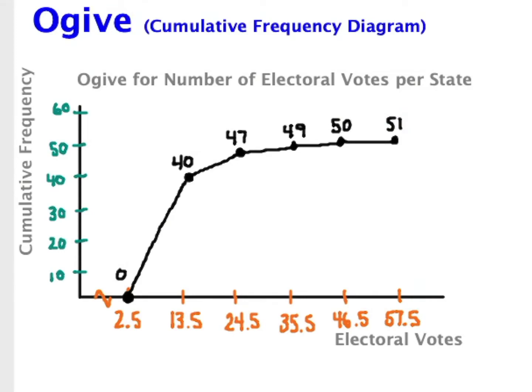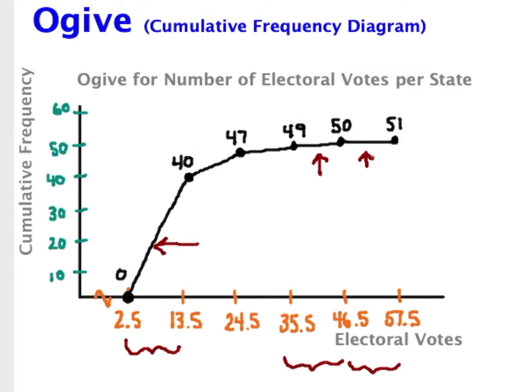On an ogive, it's really the slopes that tell the story. The steeper the slope, the more frequency, the more states that we would have in that class. These almost look flat, right? That's because we only had 1 state in that group and 1 state in this group. So the reason that those almost have a slope of 0 is because we had almost 0 in those categories.